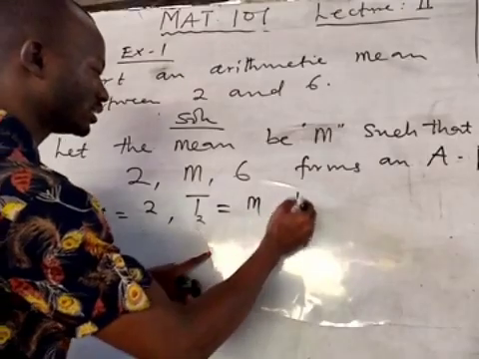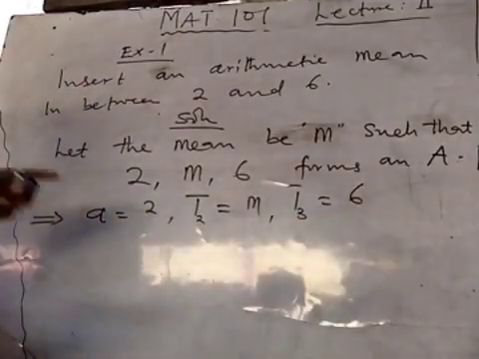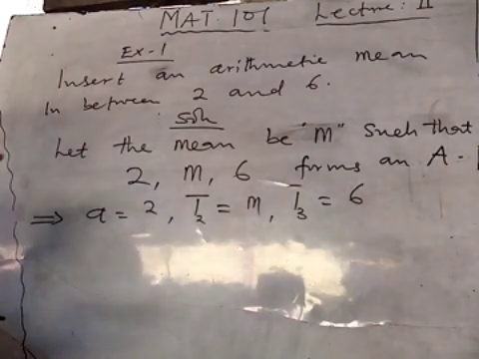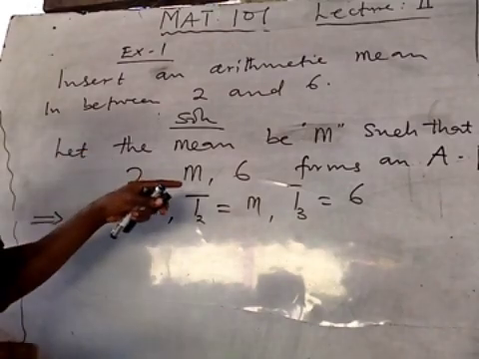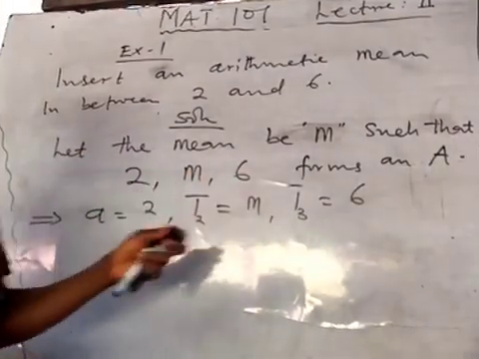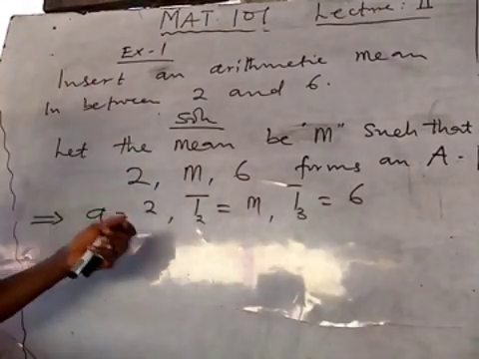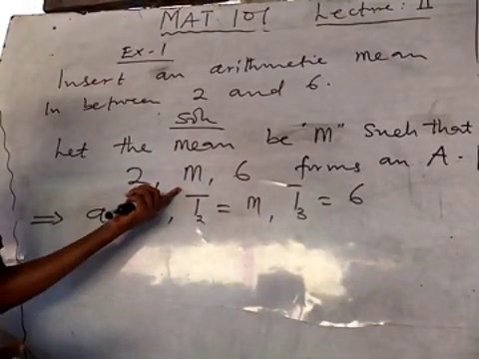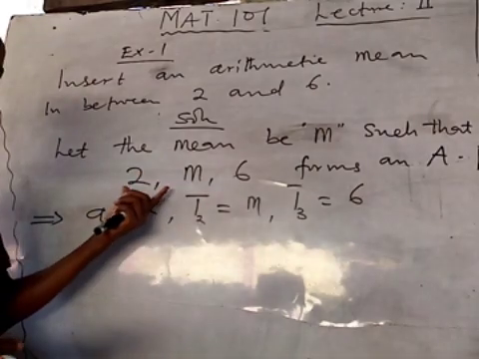And the third term, t sub 3, is equal to 6. But remember, we are claiming that this sequence is in arithmetic progression. It simply means that a common difference exists between any 2 consecutive terms of this sequence.